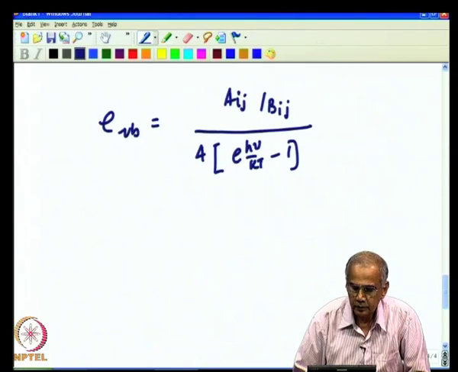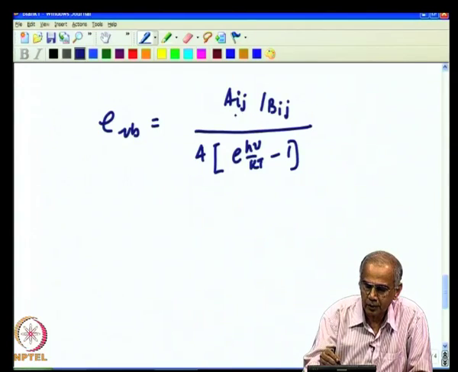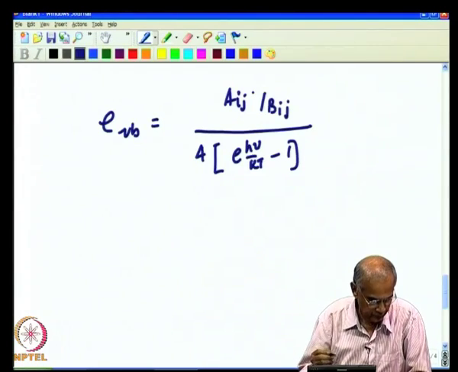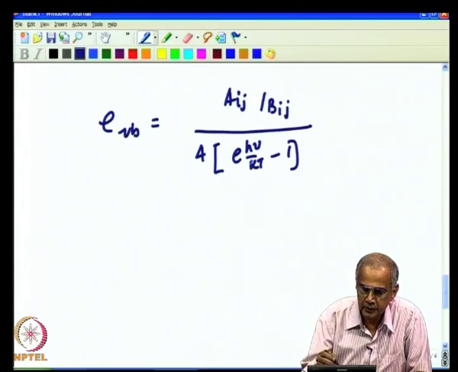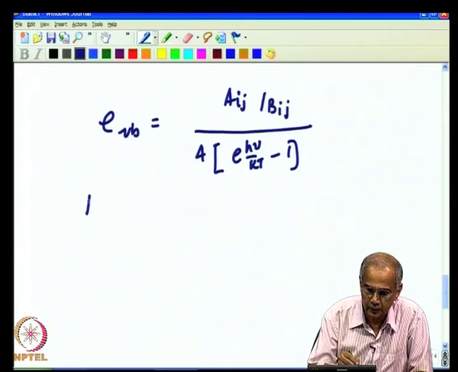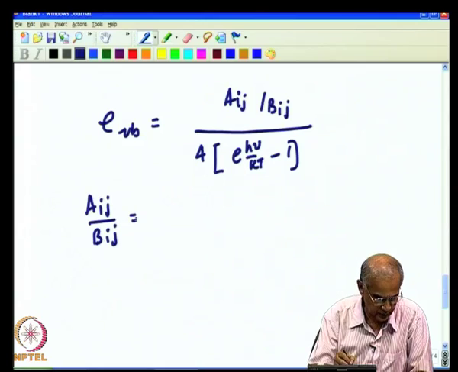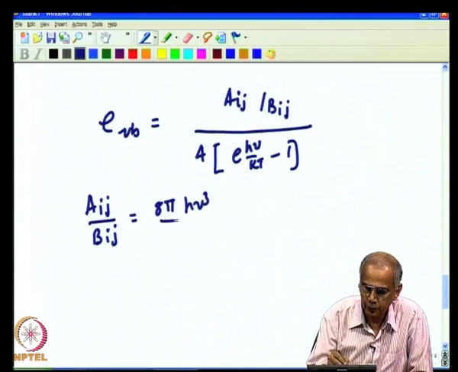And we do not know right now what this ratio is, but if you compare this result with the derivation done by Rayleigh and Jeans in the classical limit, one can show that Aij by Bij is nothing but 8 pi h nu cube by c squared.